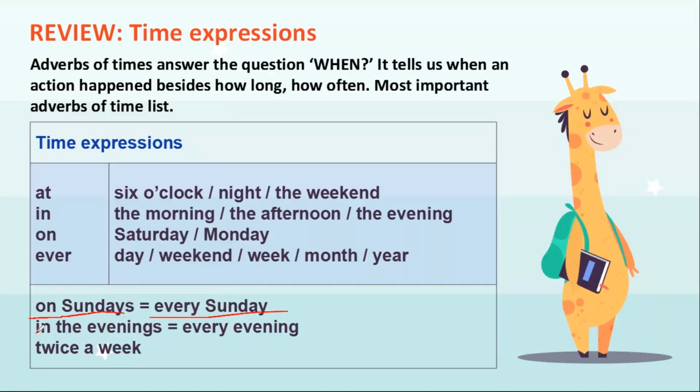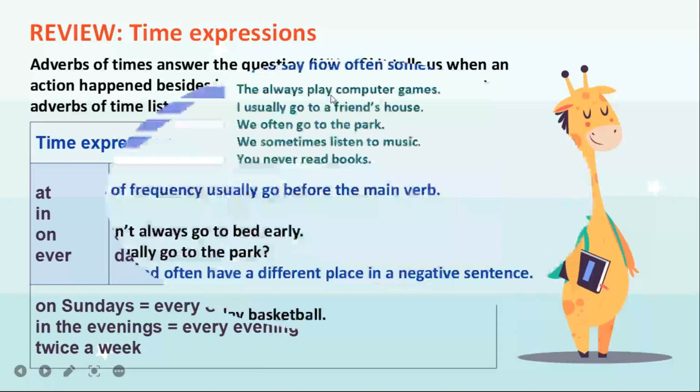So when you say I go to school Mondays to Fridays, that would mean I go to school every week. When you say in the evenings, it's the same as every evening. Okay, so do you have any questions about time expressions? No. So let's proceed with this one, Kim.